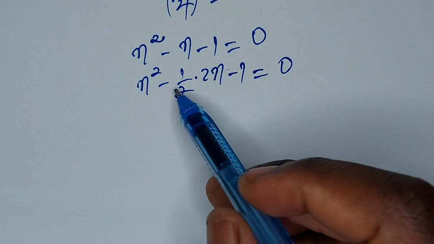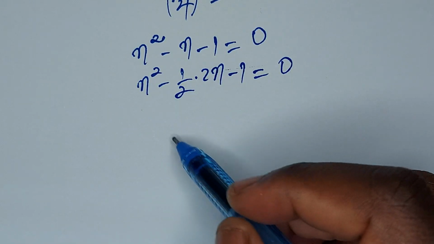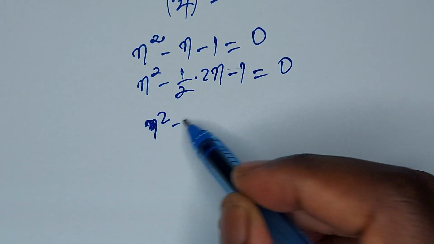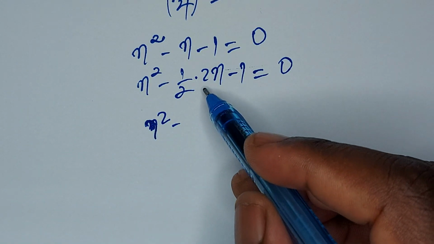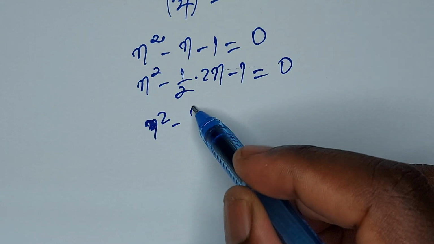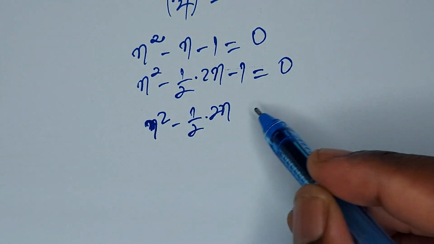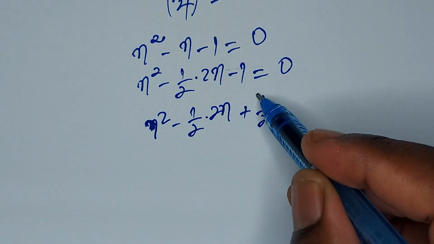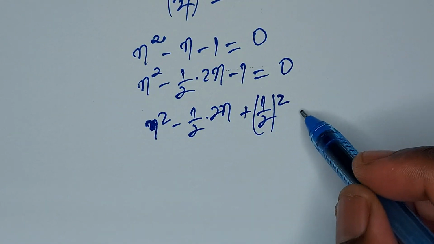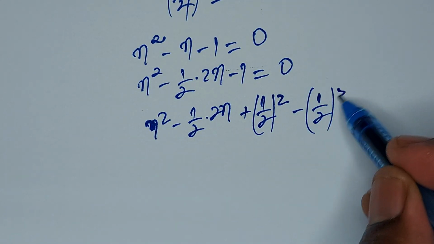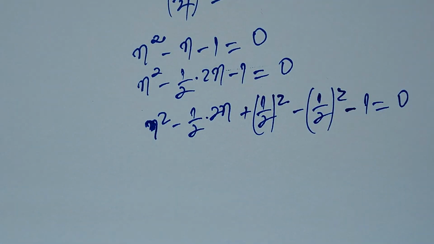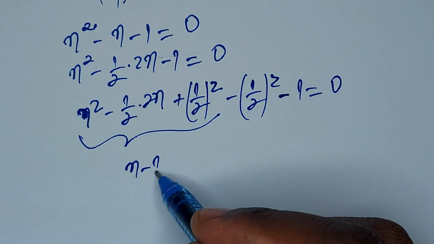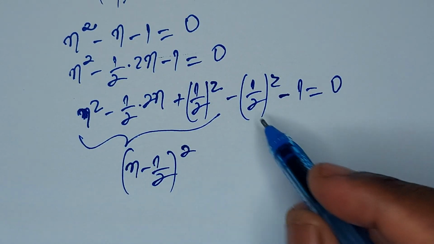If I want to complete this square, then I'm going to need n to the power of 2 minus 1 over 2 times 2n, plus 1 over 2 squared, and I'm going to need to take this square out, minus n minus 1, and this is 0. So guys, this is a perfect square, which is n minus 1 half squared.